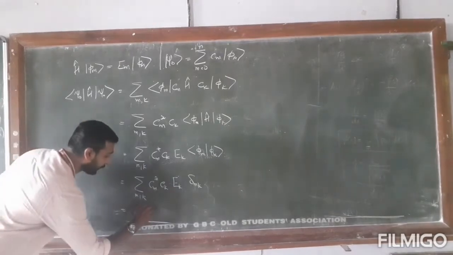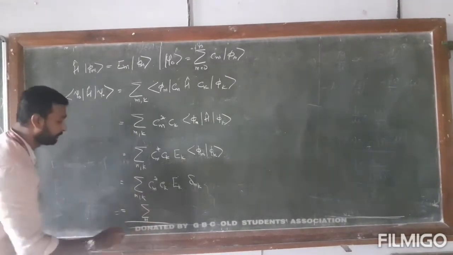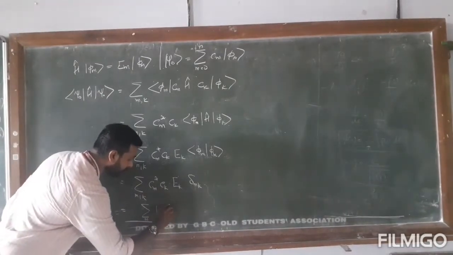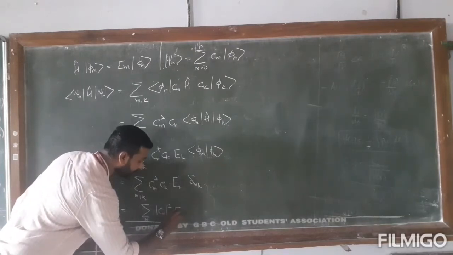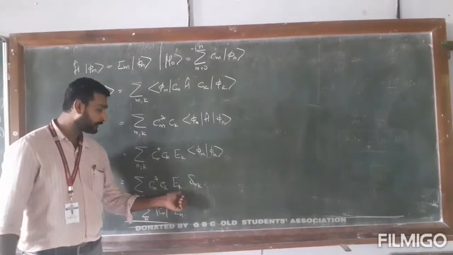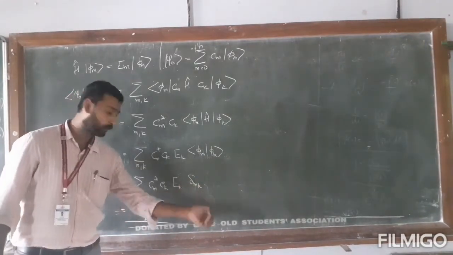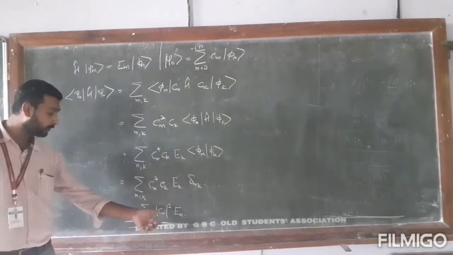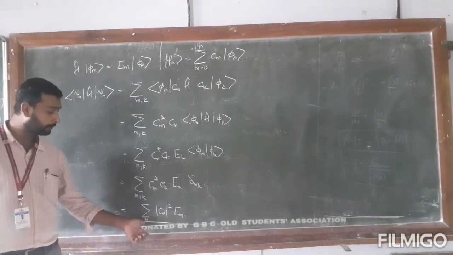It would be the sum over m of mod Cm squared Em. If you sum it over k, you have to replace all k with m and remove this Kronecker delta function, and the sum over k is gone. So the only thing remaining is the sum over m.